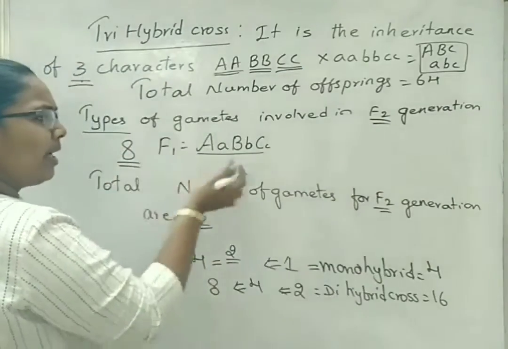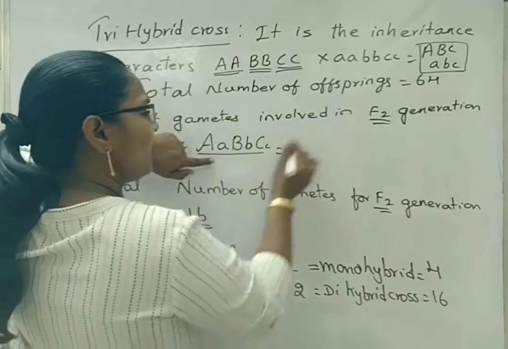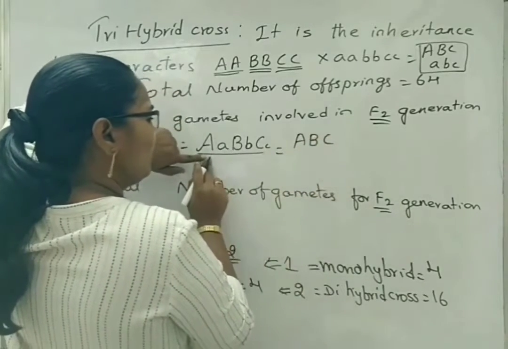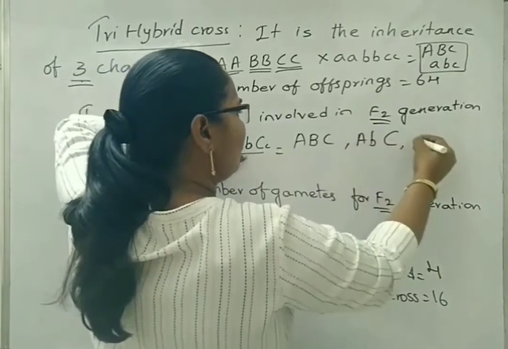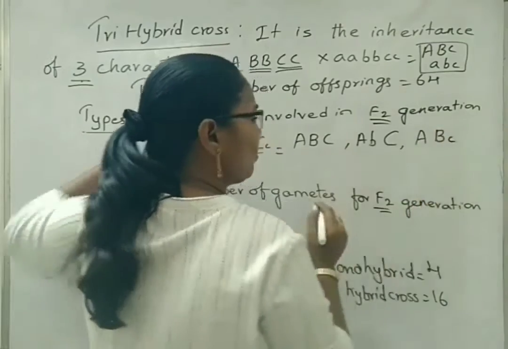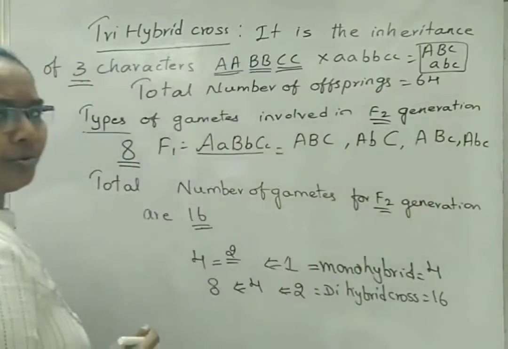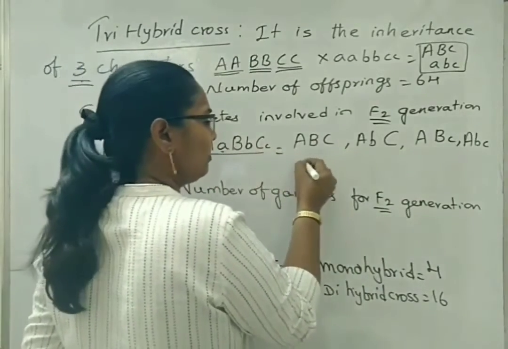For F2 from F1, the 8 types of gametes are, from this I am going to represent capital A, capital B, capital C. Now, capital A, small b, capital C. Another, capital A, capital B, small c. Now, capital A, small b, small c. 4 types. Another one, from small recessive allele.